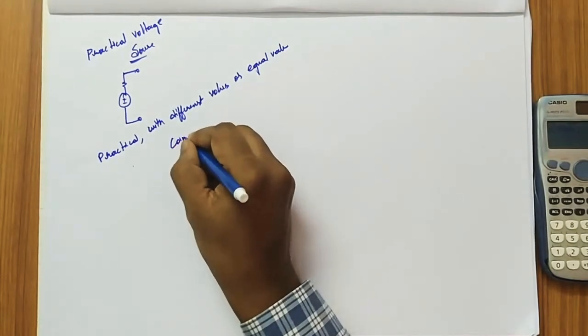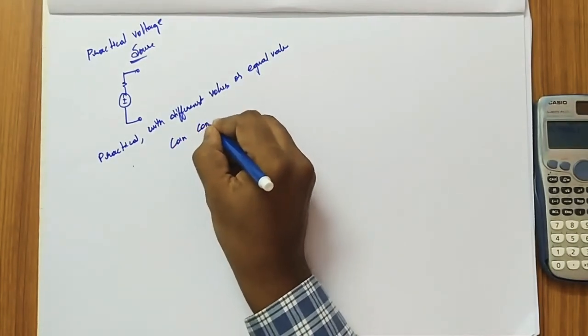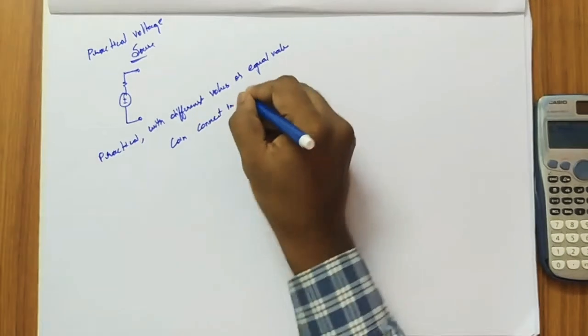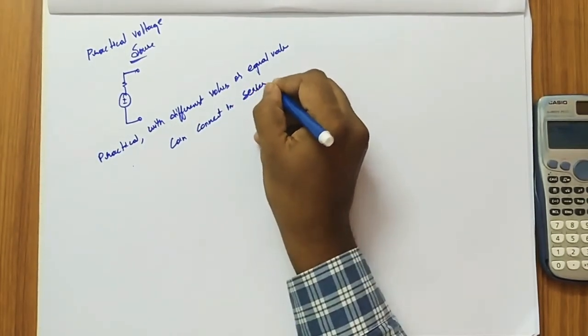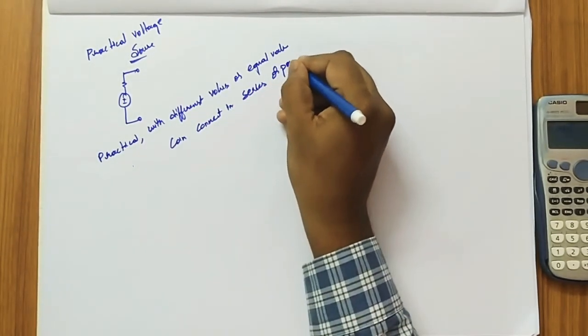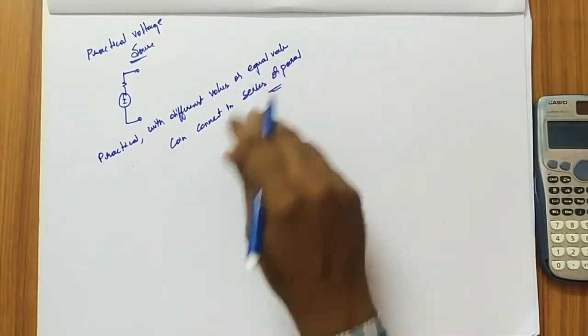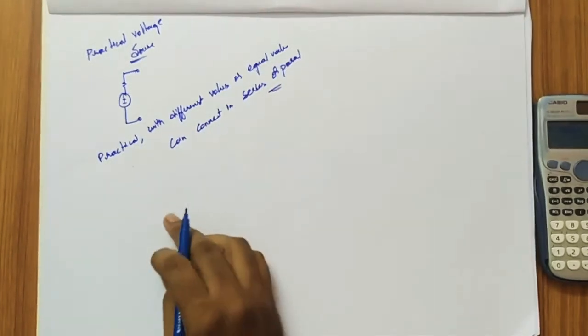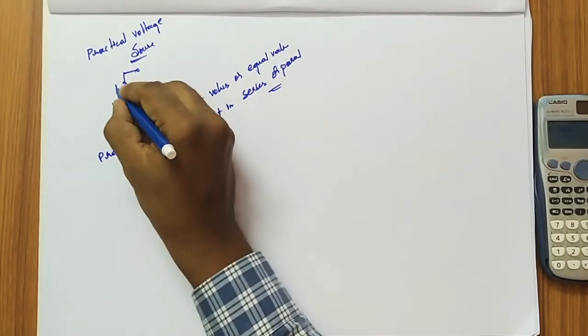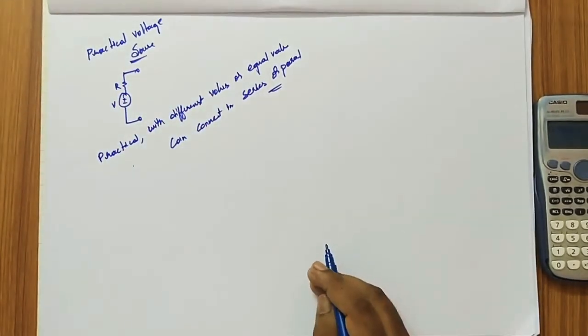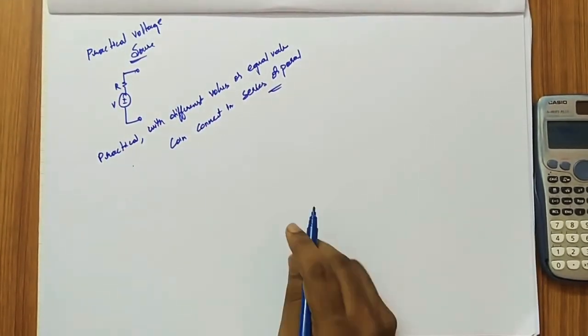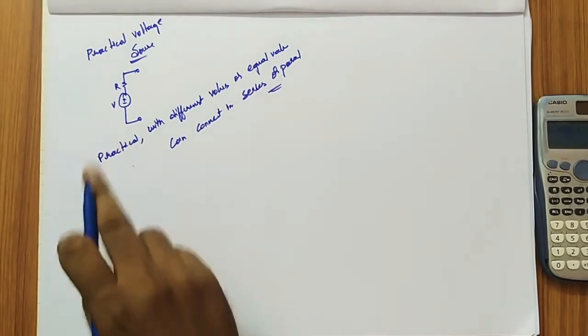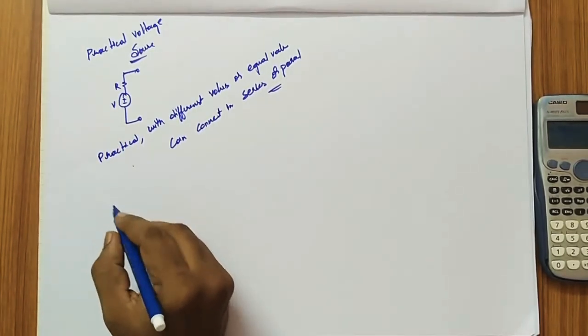So in parallel or in series combination, they can be connected with different values. In ideal voltage sources only equal values can be connected in parallel, but here you can connect with different values also. Let us see one small example here.